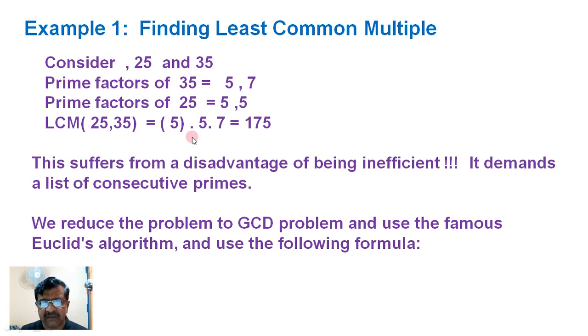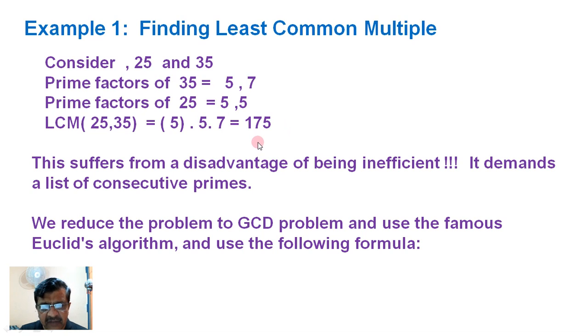We multiply everything: one among the common pair, or several factors among the common pairs if at all there are several common pairs, and the remaining pairless prime numbers, and we multiply together. That's how we obtain it.